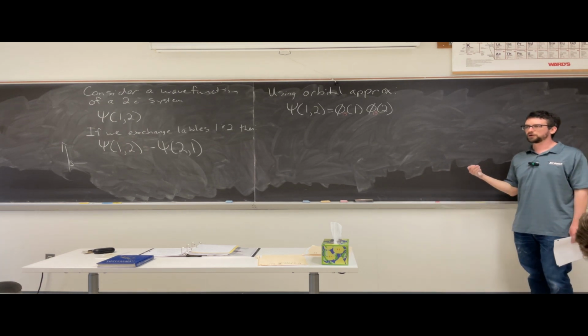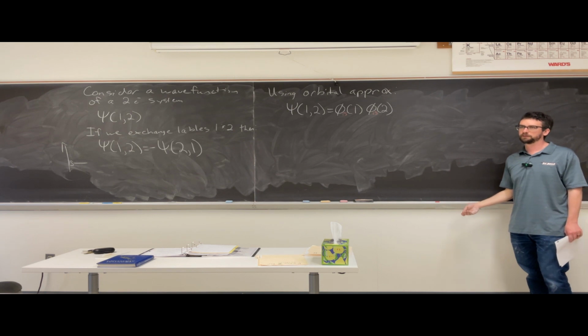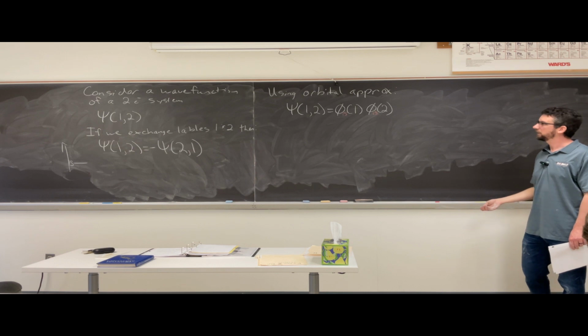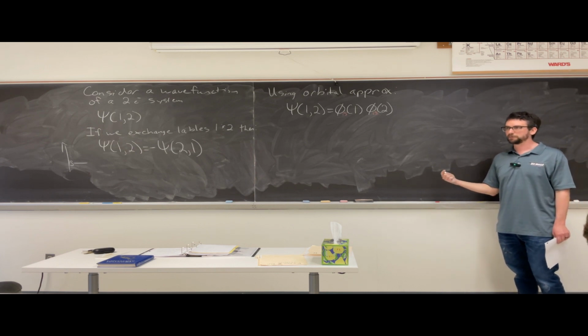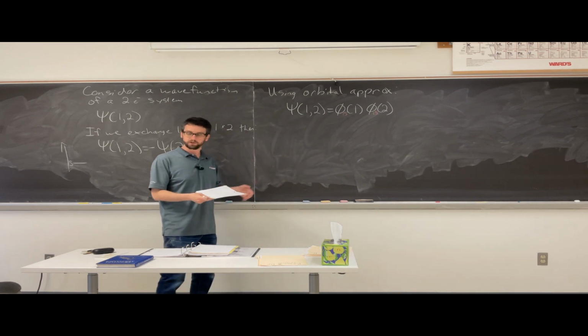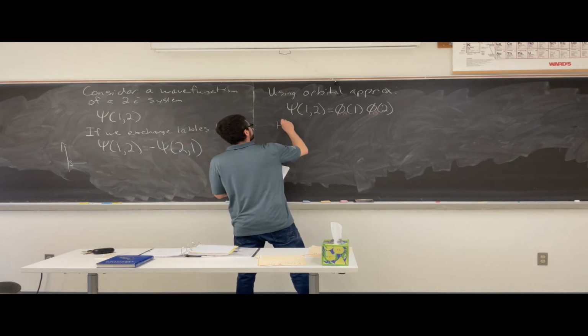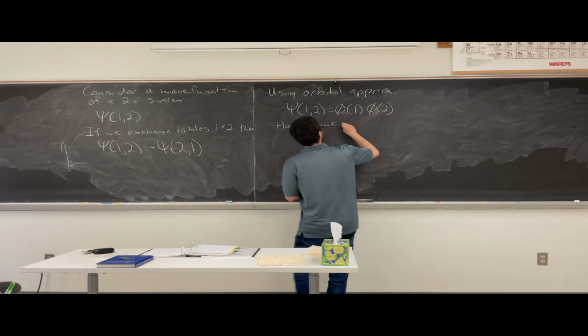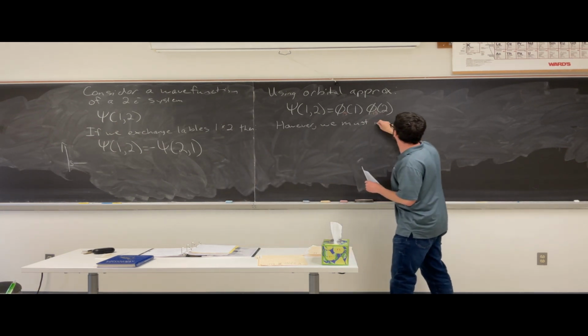But what information are we lacking? Which one's the spin up and spin down? Right, we haven't talked about spin. In order to do this right, we need to include spin. We must include spin.